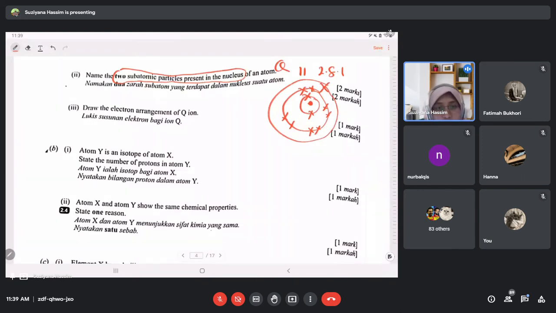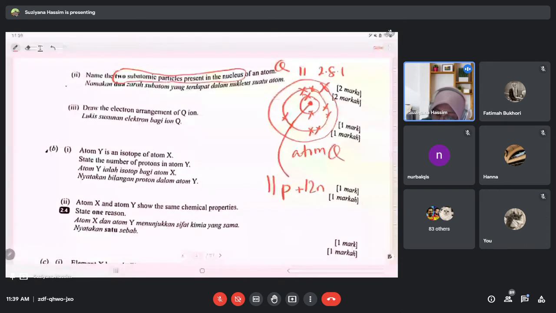If they ask you to draw atom Q, this one is incomplete. Why? Inside here you have proton. How many proton just now? 11. The number of neutron? 12. Then it is complete. Some asked, teacher, can we draw? Can, it's not wrong. I put like this.